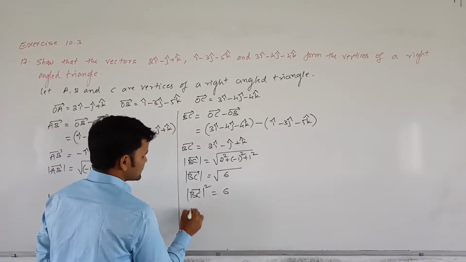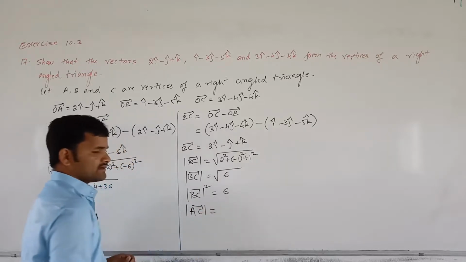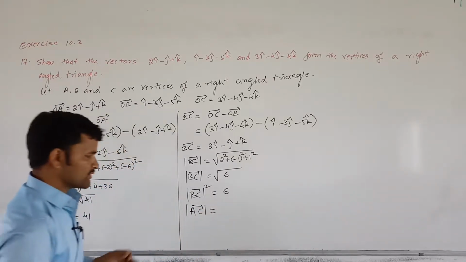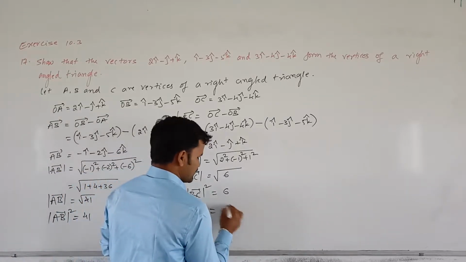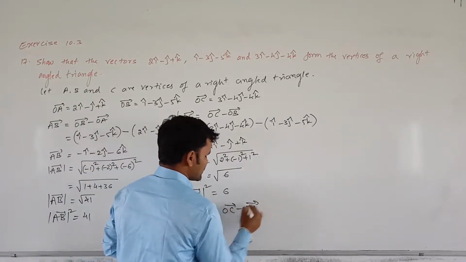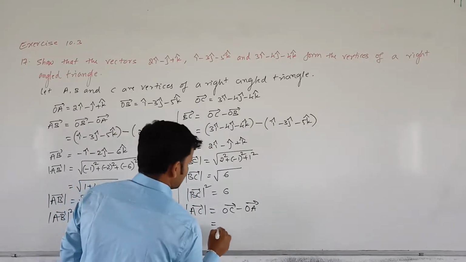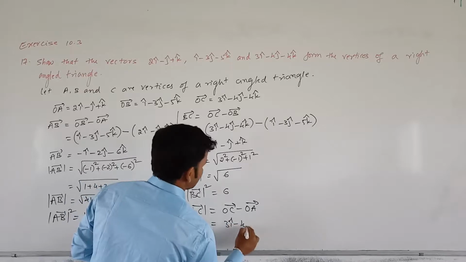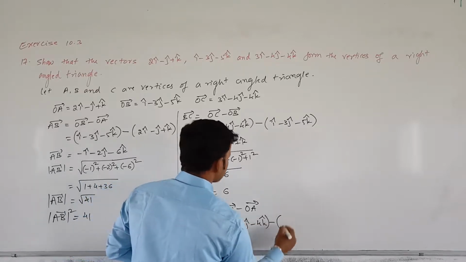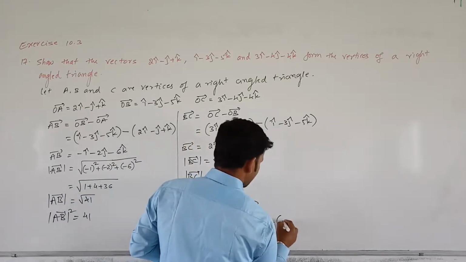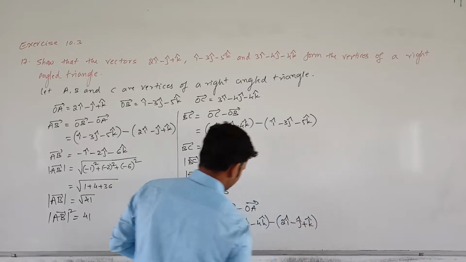Now let me find out the third side also, that is vector AC. Vector AC you can take or vector CA you can take, no problem, because we will be taking the length. Vector AC is equal to vector OC minus vector OA. Vector OC is 3i minus 4j minus 4k, minus OA, which is 2i minus j plus k.